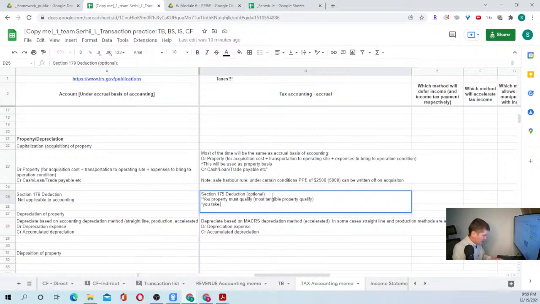You take a 100% of cost deduction, but there are exceptions not includable in cost, like trade-ins.